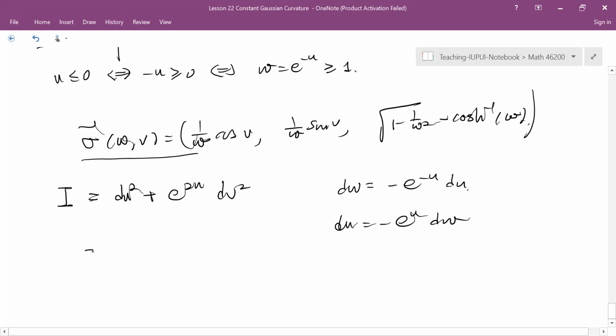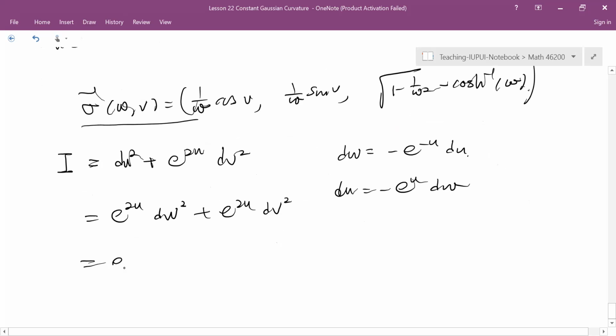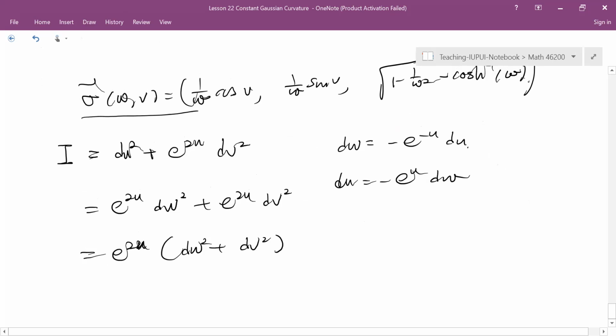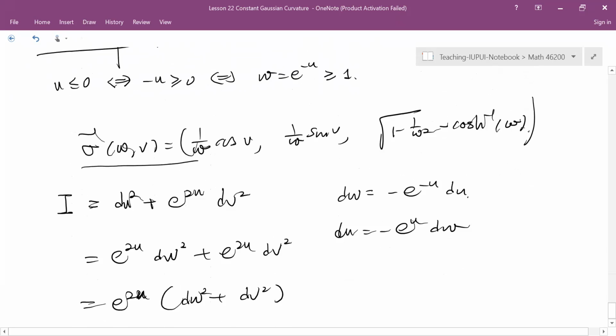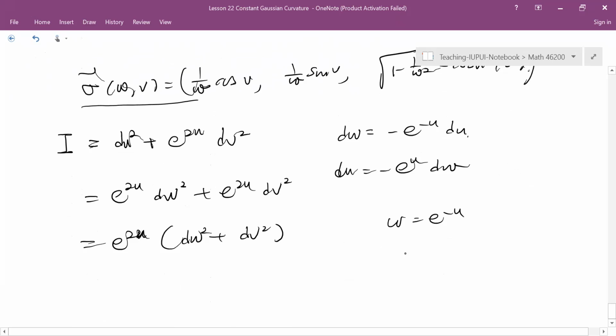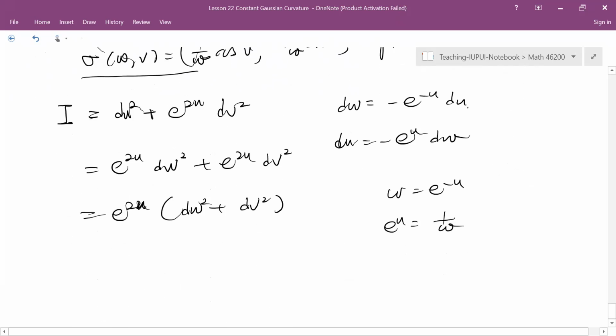So du squared is going to be e to the 2u dw squared. Now e to the u I have to change to w. W is going to be e to the negative u, so e to the u equals 1 over w, and squared it will be 1 over w squared.